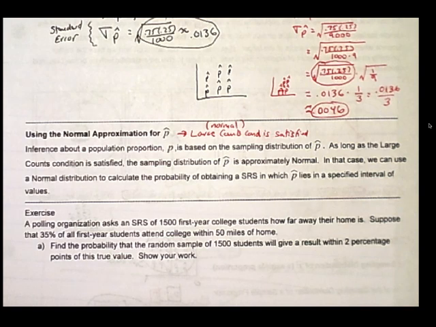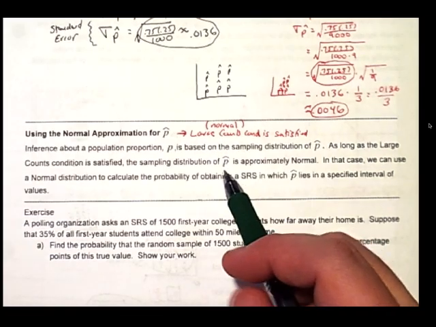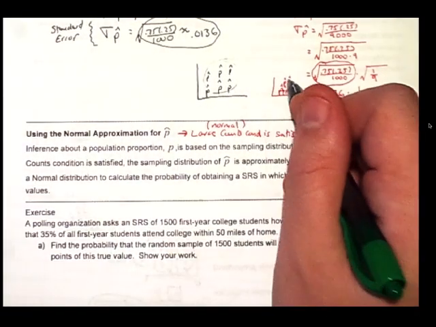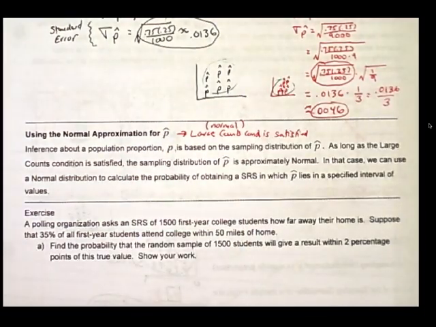It says inference about a population proportion p is based on the sampling distribution of p hat. As long as the large counts condition is satisfied, the sampling distribution of p hat is approximately normal.